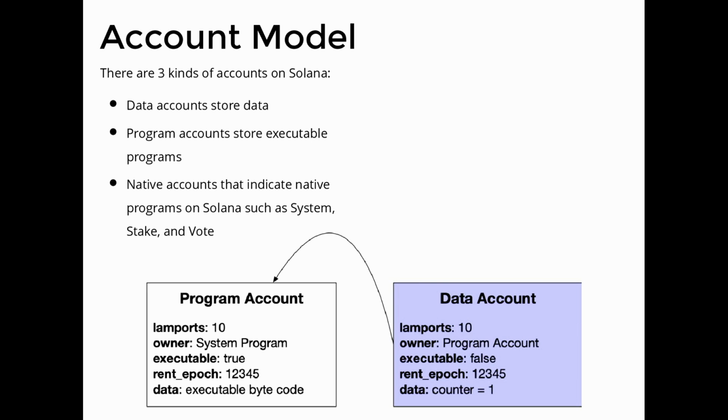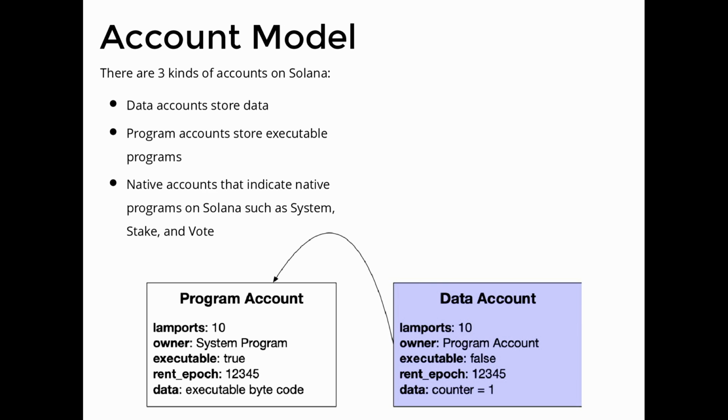So basically, the program accounts are the smart contracts. And then we have the native accounts, but the native accounts are for the Solana blockchain working well, so we don't really care about them right now. We are more focused on the data accounts and the program accounts.